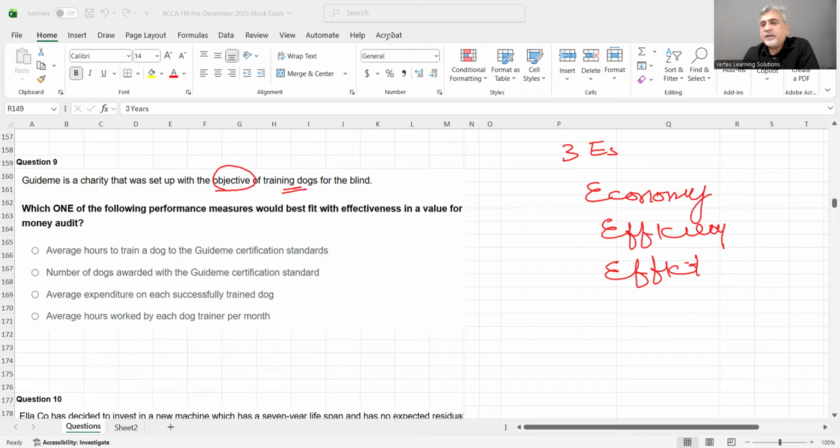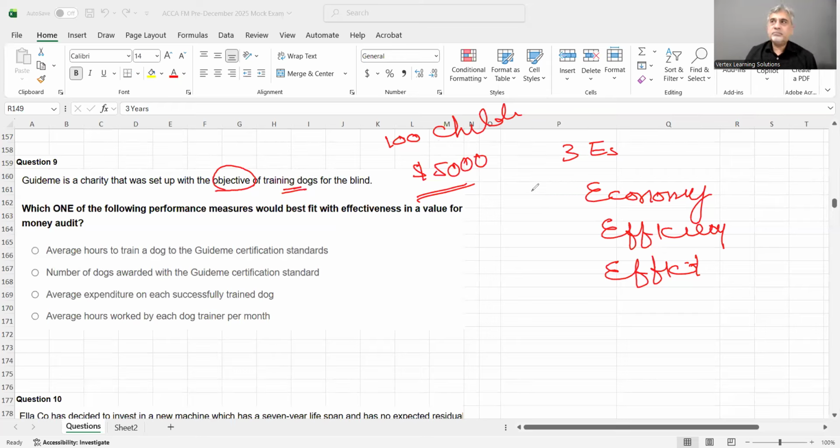Effectiveness. If I tell you that you have to teach 100 children within $5,000, I give you a budget for 1 year, $5,000, and I say you have to teach 100 children.